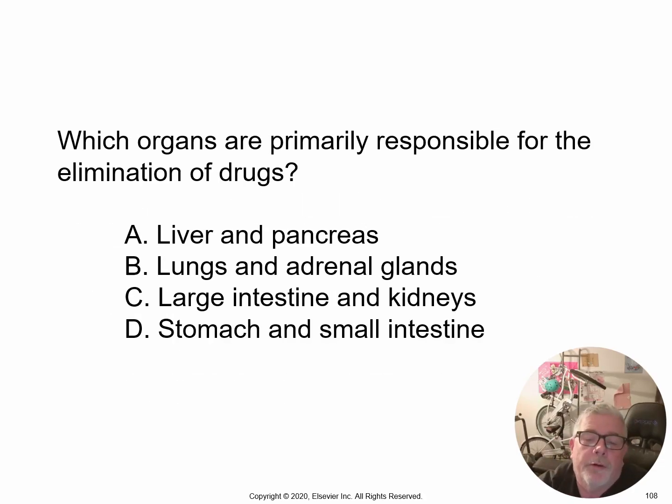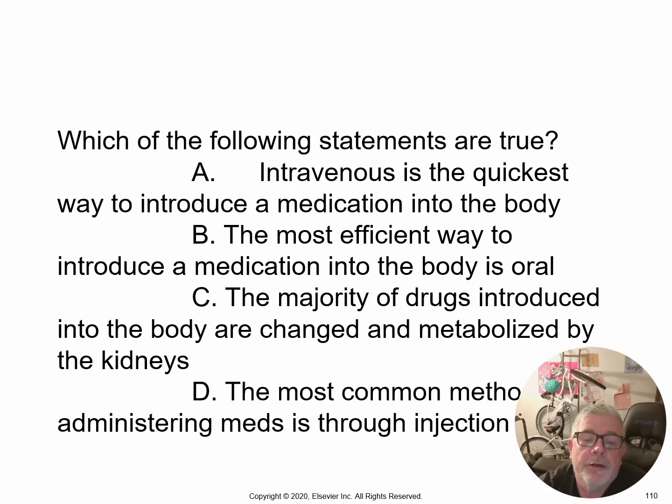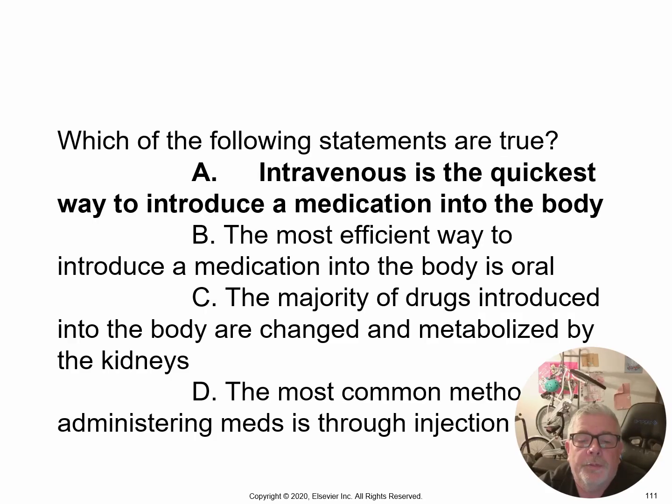Which organs are primarily responsible for elimination of drugs? Does anybody remember? Yeah, that would be the large intestine and the kidneys, primarily. So the following statements are true. Look it up, look it up, look it up. Intravenous is the quickest way to introduce medication into the body. It is, actually.